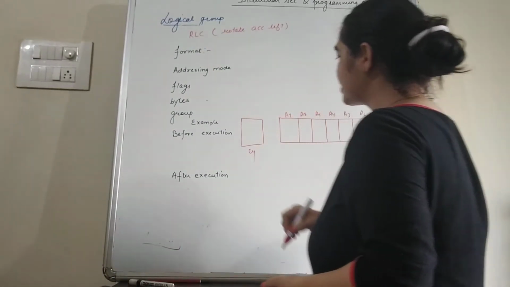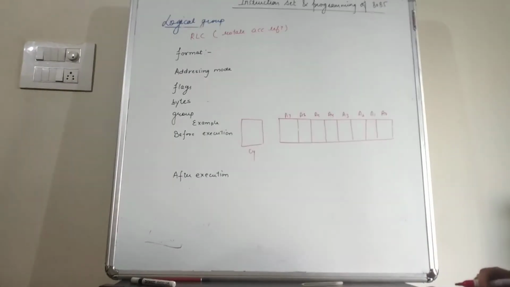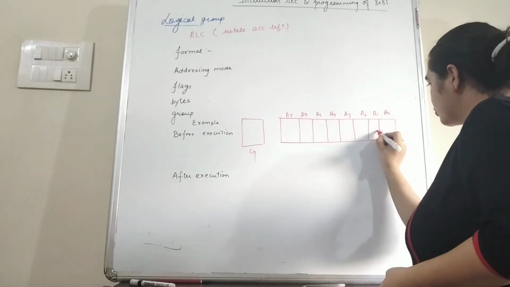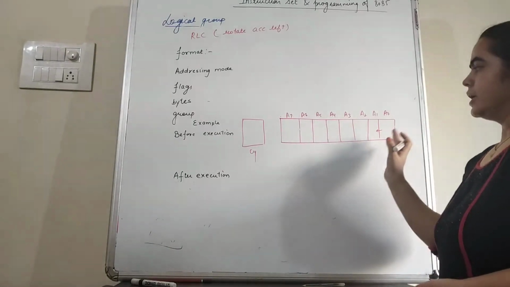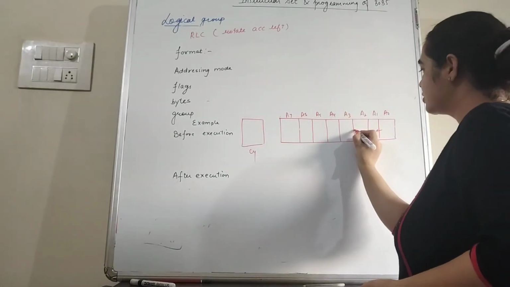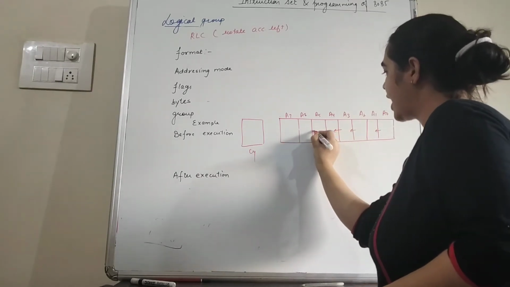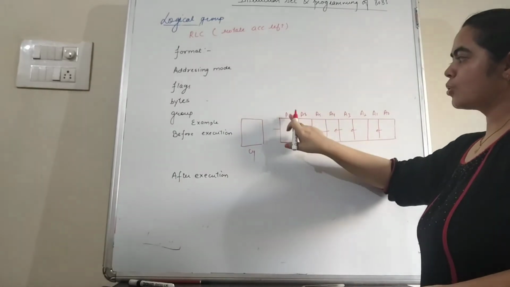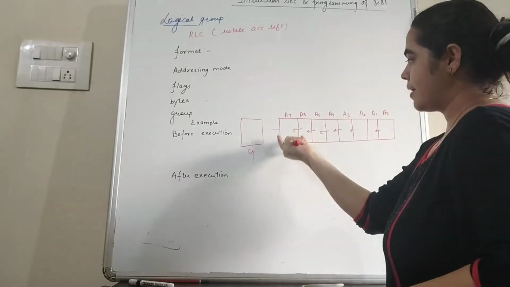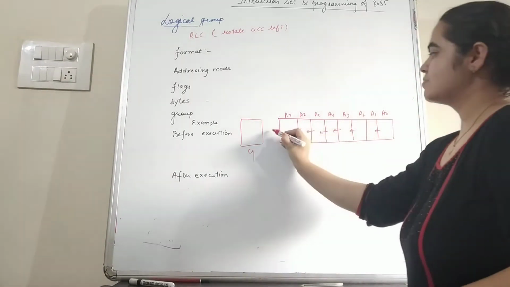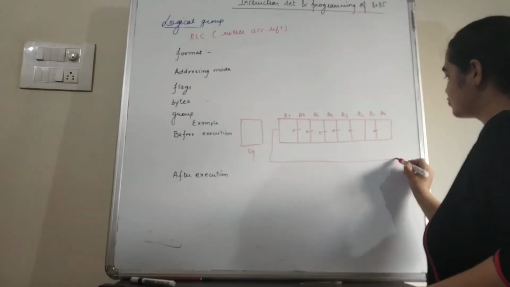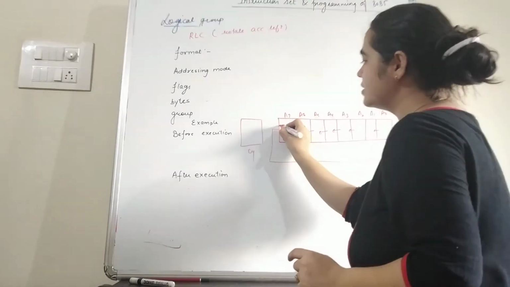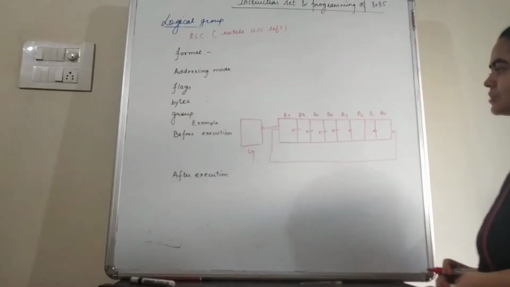So this is the carry flag. Now students, according to this instruction we can move the contents one bit to the left. We can store the contents of the MSB into the LSB also. So these contents will be transferred here, and also the contents of the MSB will be stored in the carry flag. So this is the format.